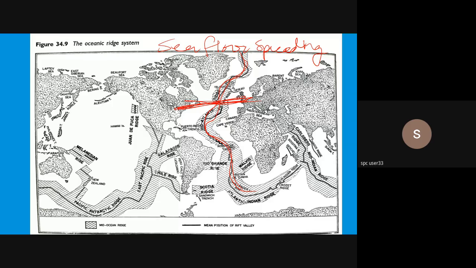Of course, this was taking a cue from Wegener's theory. This was proved beyond doubt by the fact that the rocks which were nearer to the center of the mid-Atlantic ridge were younger, and the rocks which were away from the Atlantic ridge were older.